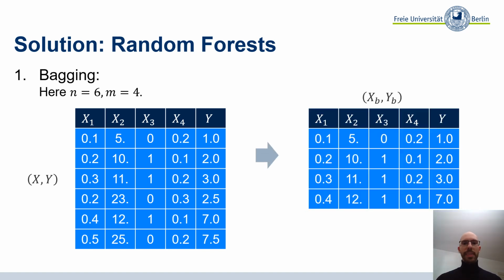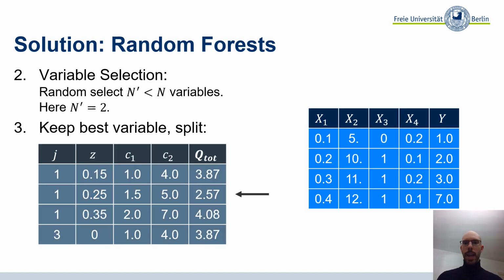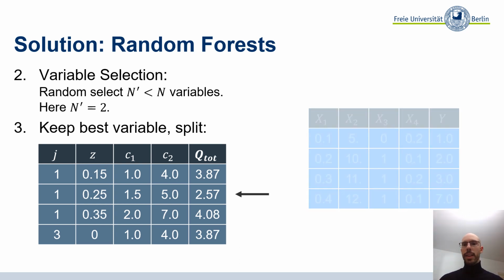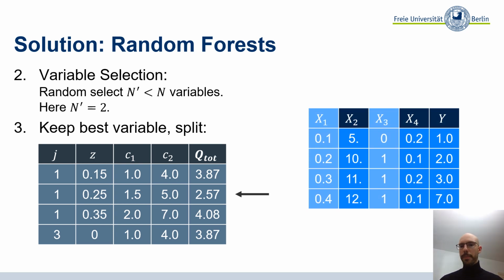So we randomly select 4 samples from this data set, and now we perform a random selection of variables. So here our n prime is just going to be set to 2. So we select 2 variables randomly, namely x1 and x3.